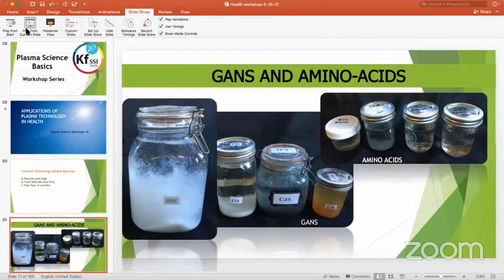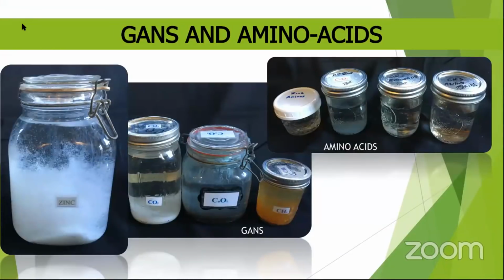So we're going to start with GANS. In order to make patches, we're going to start with the basics of these elements of this GANS, starting with zinc, CO2, copper oxide, and CH3. This is the one we started to use. And remember, when you make this GANS, do not forget to collect the amino acids of every single one.